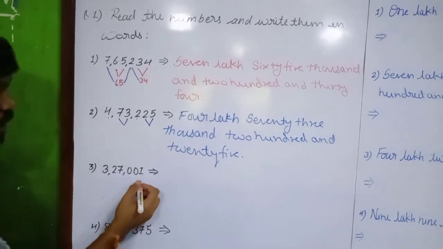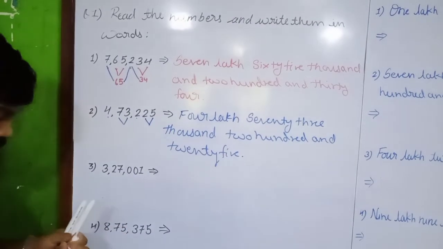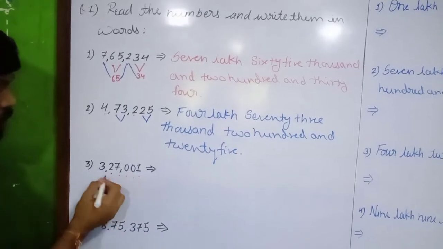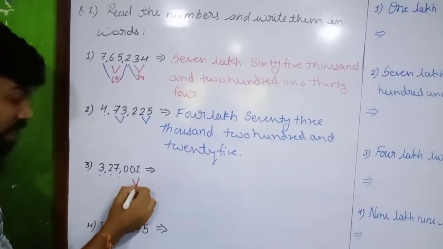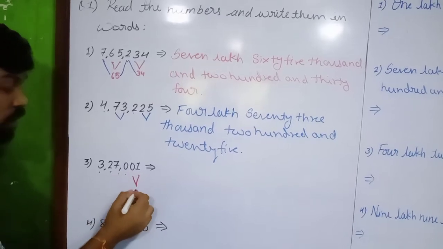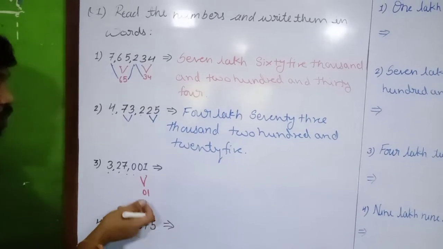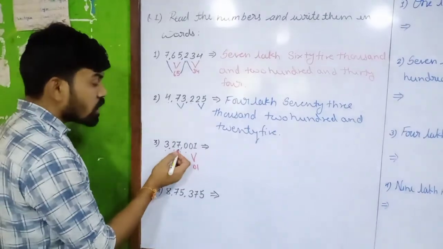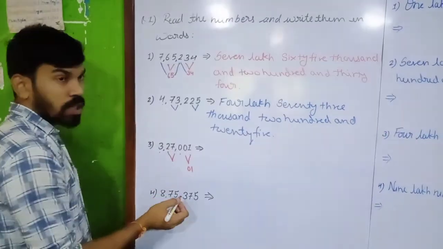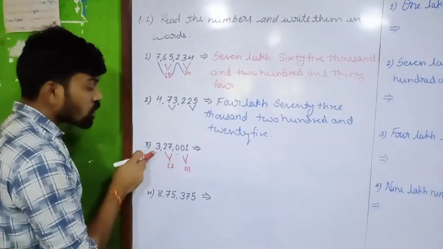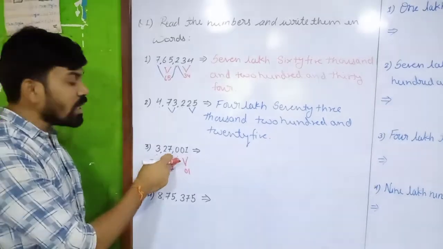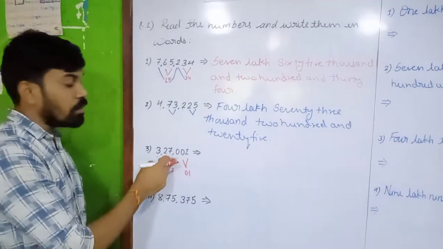Now the third one. Again, unit, 10, 100, 1000, 10,000, lakh. As I said, unit and tens together it will become 01. 100 individually, we have the 0 at the 100 place. 1000 and 10,000 together, 27. So 3,27,000. Here we don't have any number at the place of 100, which means 0 is there.